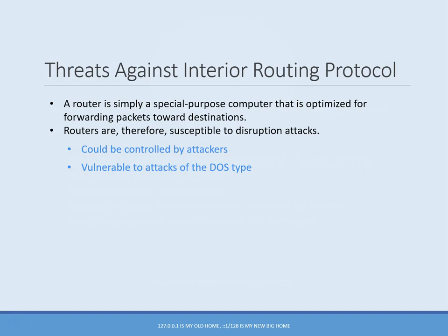That means a router is vulnerable to attacks of the DoS type. The attacker typically has a goal to put himself in the path of the traffic flow to perform a man-in-the-middle attack. So we can say that the router is vulnerable to attacks of the man-in-the-middle type.